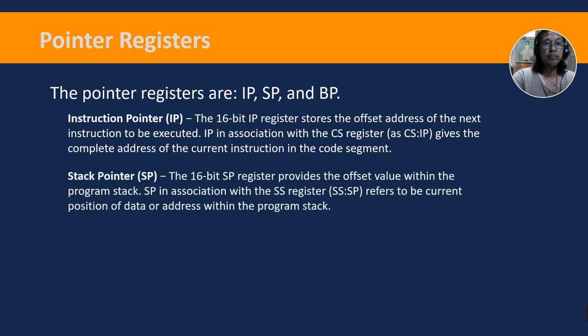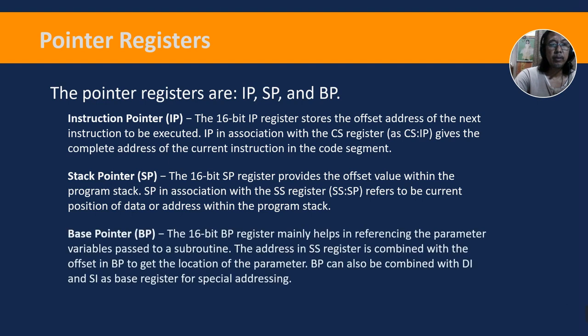And then you have the stack pointer. It's also a 16-bit register, providing the offset value within the program stack. SP in association with the SS register, or SS:SP, refers to the current position of data or address within the program stack. And then you have the base pointer BP, still under pointer registers.